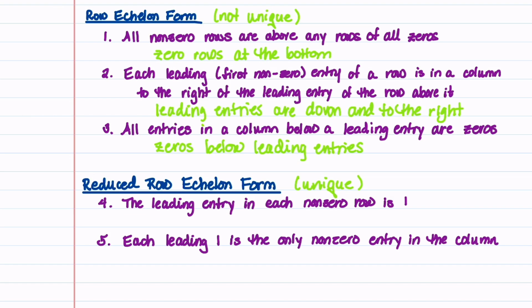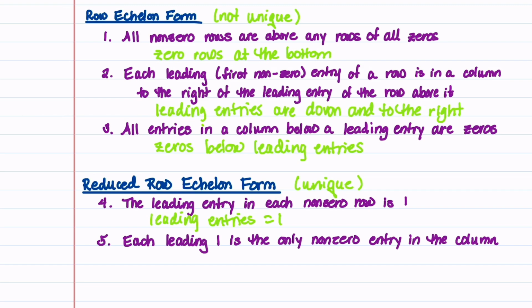The 4th requirement is that the leading entry in each non-zero row is 1. So let's just write this as leading entries are equal to 1. And then the last requirement is that each leading one is the only non-zero entry in the column.